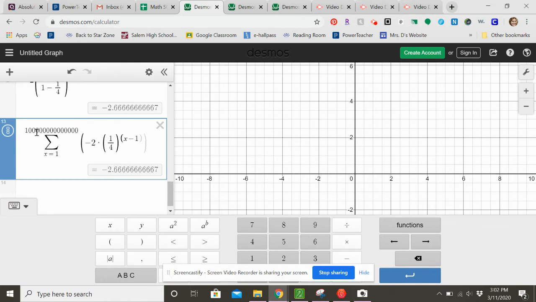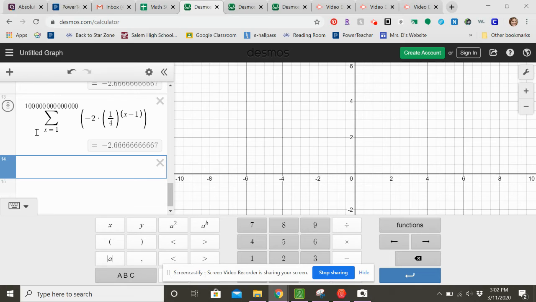This must not be a terrible function. So I've got a giant value in here, and Desmos can still handle it. You will run into some functions where Desmos may not be able to handle the idea of infinity. So you're just going to have to load up with some giant number and find what Desmos can handle, okay?